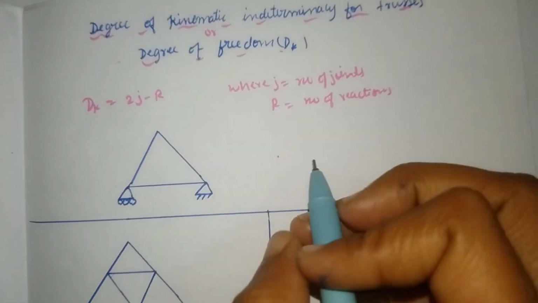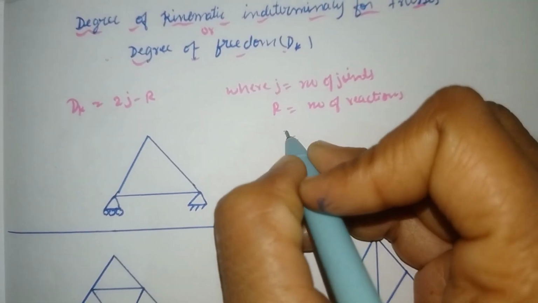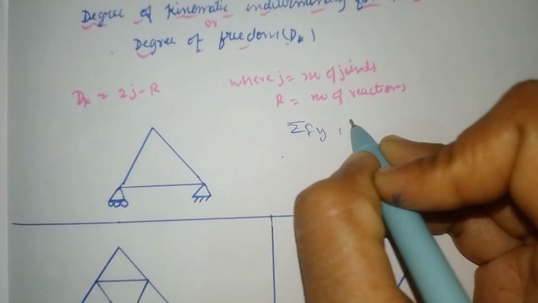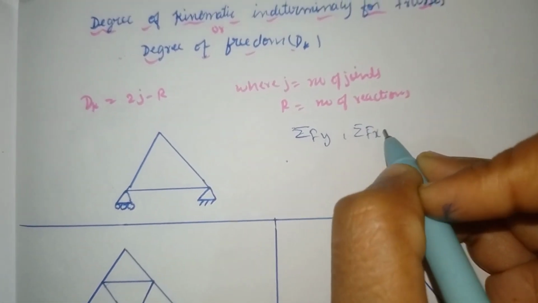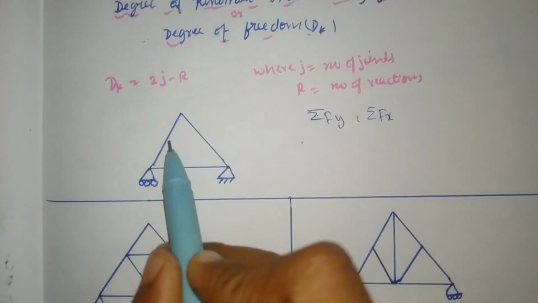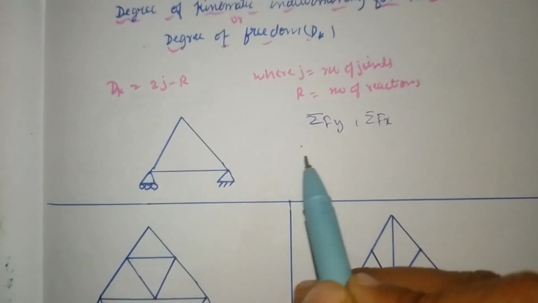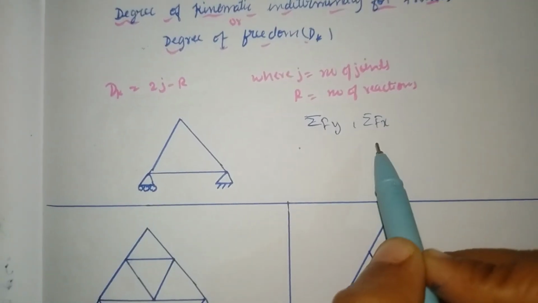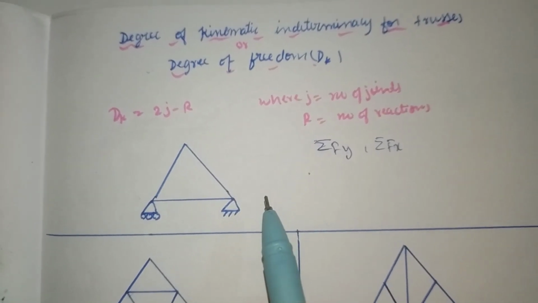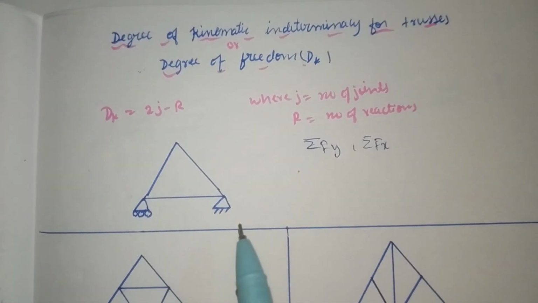That is, summation of Fy and summation of Fx. There is no moment in the case of trusses. So at any joint, to solve this joint, there are only two equations: one is vertical and another is horizontal. In the case of trusses, we always consider the axial deformation. Here we should not neglect the axial deformation.